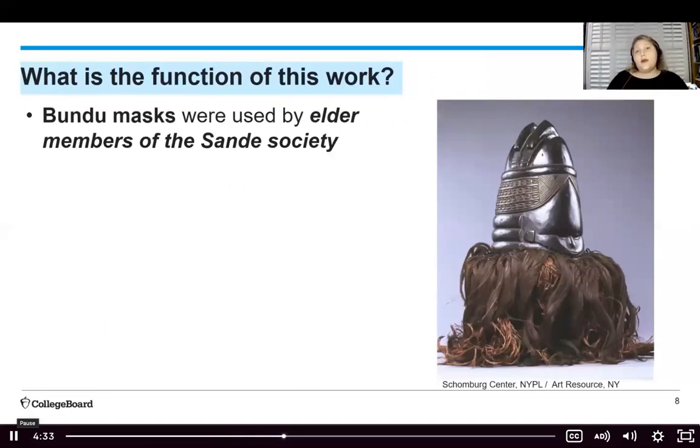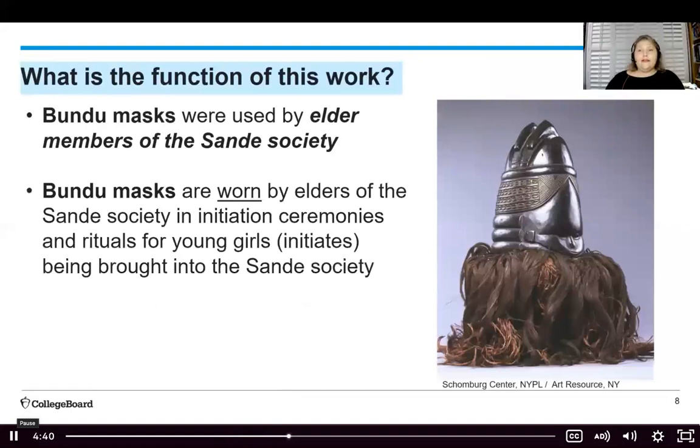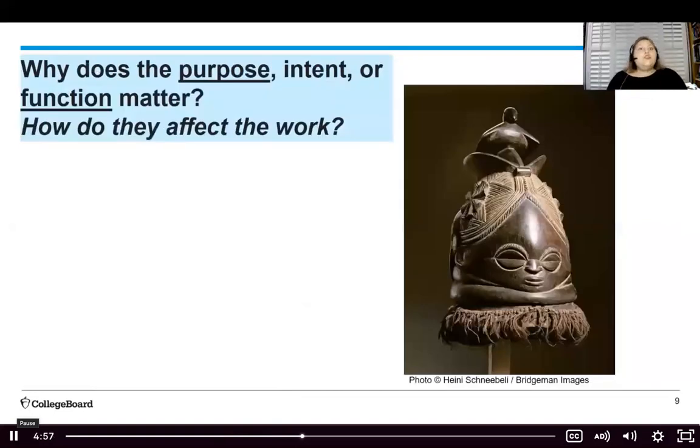So these would be used by older women within the community, not the younger women. The younger women are the audience. They're the ones who are being initiated. So Bundu masks get worn by the elders of the Sunday Society during initiation ceremonies. These are rituals and ceremonies where the young girls, these are the initiates, are being brought into the Sunday Society. They are maturing, they are becoming women.